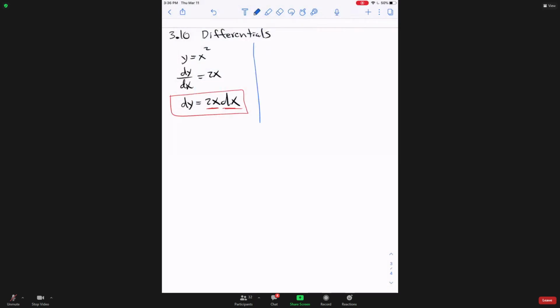So let's do another one. Suppose I ask you to take the differential of x squared times the sine of 2x. We have to use the product rule. So it would be first times the derivative of the second. Derivative of sine of 2x is cosine of 2x times the derivative of 2x, which is 2.